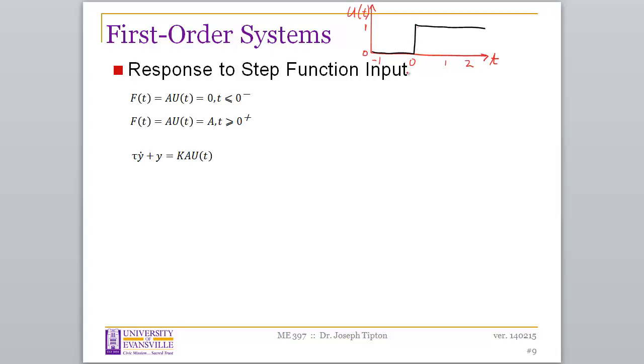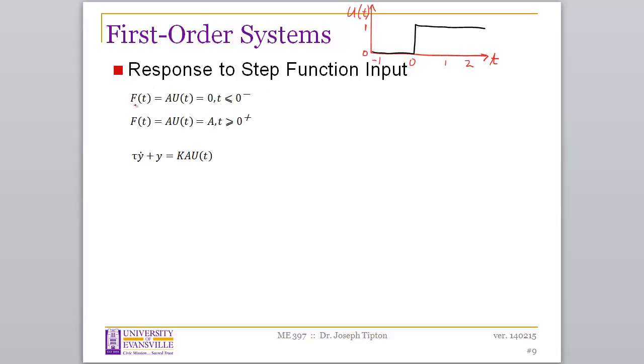For instance, if we were measuring something in a pressure tube or a diaphragm burst releasing a high-pressure gas, that would be a step function type of input. Or if you took a thermocouple and plunged it into a cold or hot water bath, that could be modeled as a step function type of input. Well, what does that do?